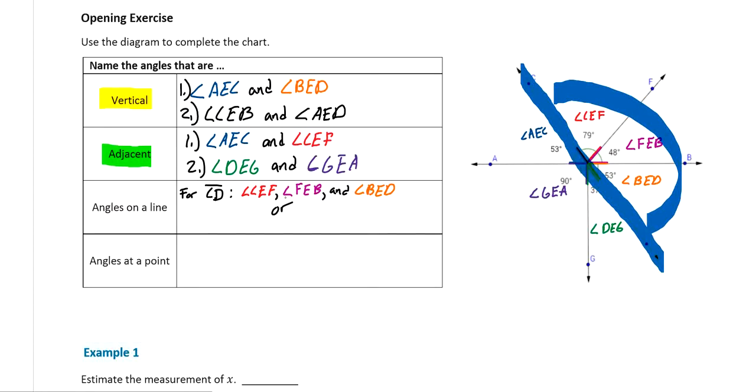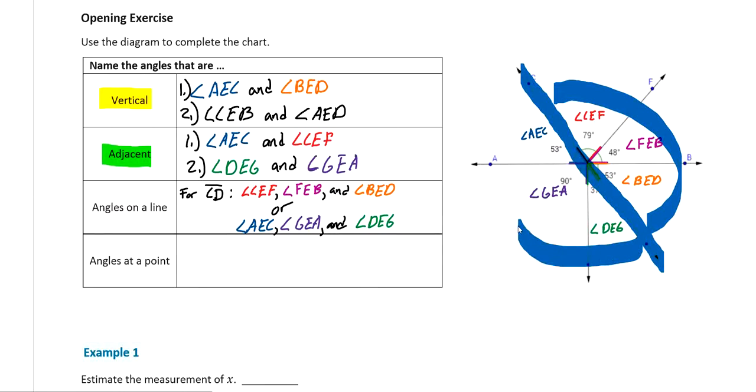I also could say this, or angle AEC, you might be able to guess the other two, angle GEA and angle DEG. So you kind of see it going the other way.